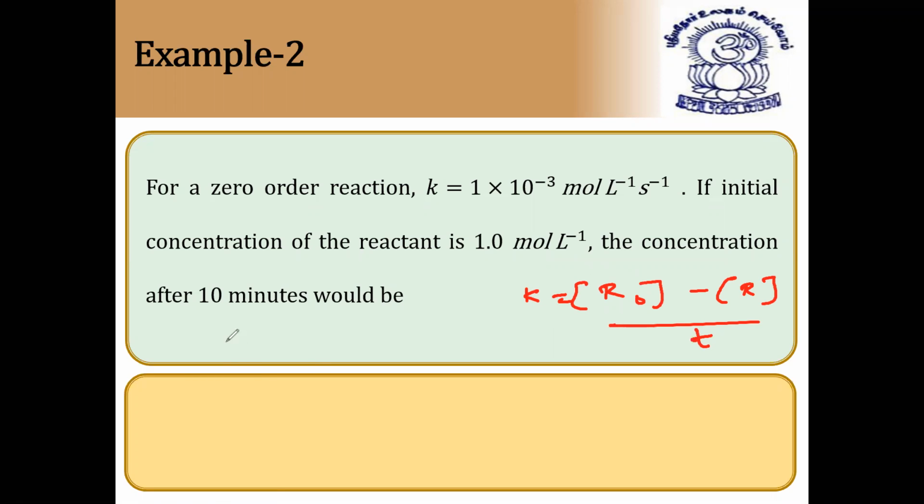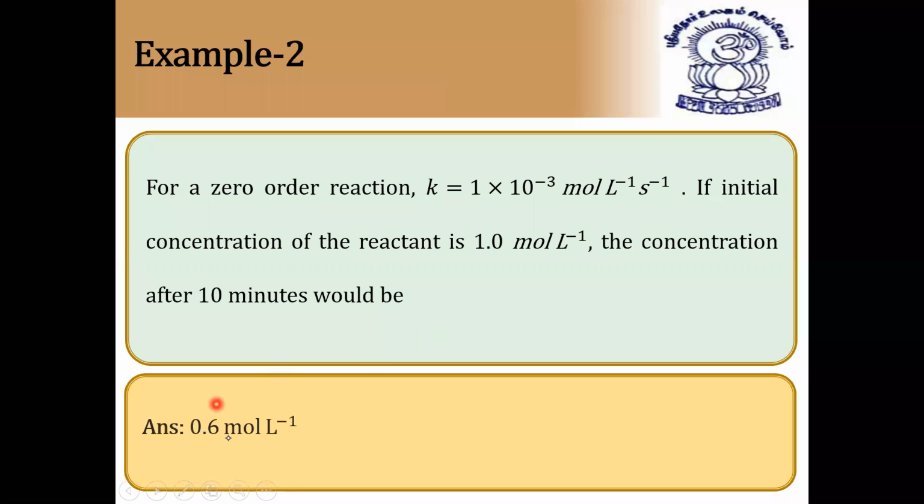K is given already as 1 into 10 to the power of minus 3, into time 10 minutes, is equal to the initial concentration 1 minus X. So X is equal to how much? That only you have to find. I hope it is clear. Easily you can understand, and the answer is 0.6 moles per liter.